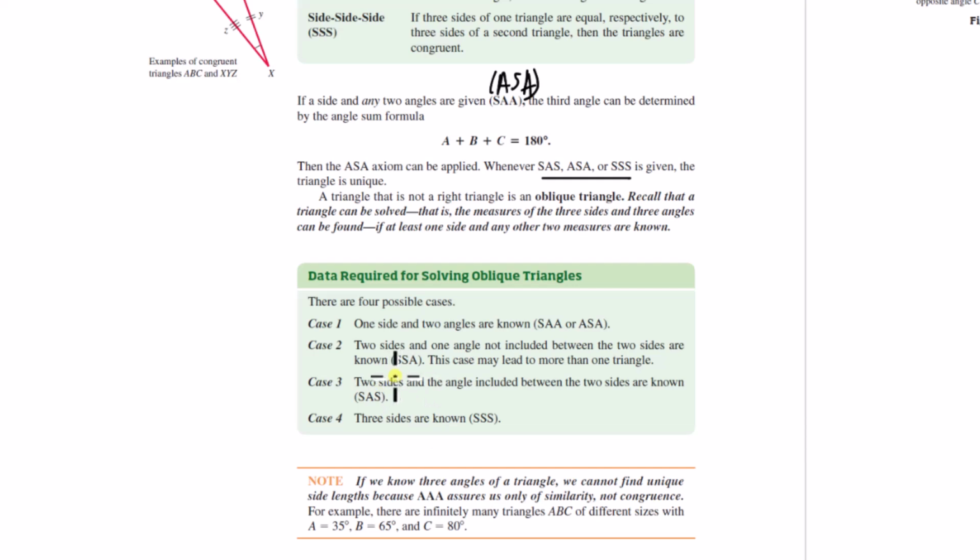Well, side-side-angle does mean that the triangle isn't fully constrained. Yes. However, this is a special case where there's not an infinite number of possibilities, like the angle-angle-angle case would be. In the side-side-angle case, yes, it's not fully constrained, but we have enough information that there are only a few possibilities.